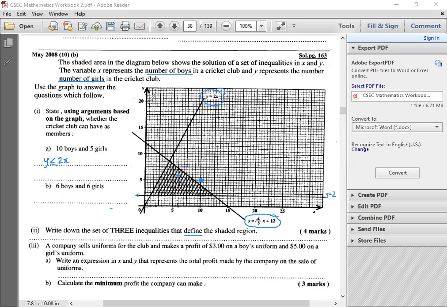So y would be less than or equal to 2x, because where the line y equals 2x, the shaded region is below. And I'm assuming that y will be less than or equal to, and it joins the y equals 2 line.